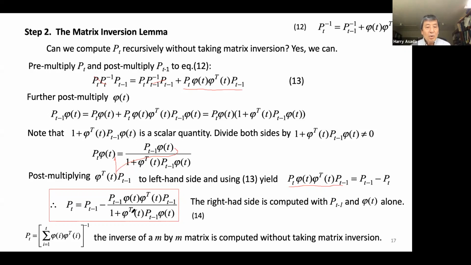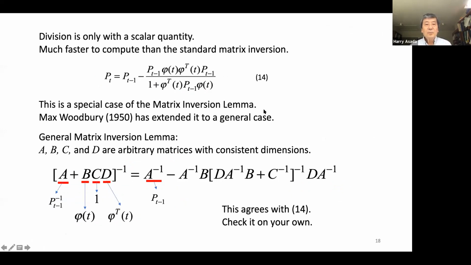And there's no matrix inversion used in this calculation, right? So remember PT is actually the inverse of this matrix. And PT minus 1 is basically updated to the new PT through this equation without taking the inverse. So that's actually cool stuff. This particular expression is one of the special cases.